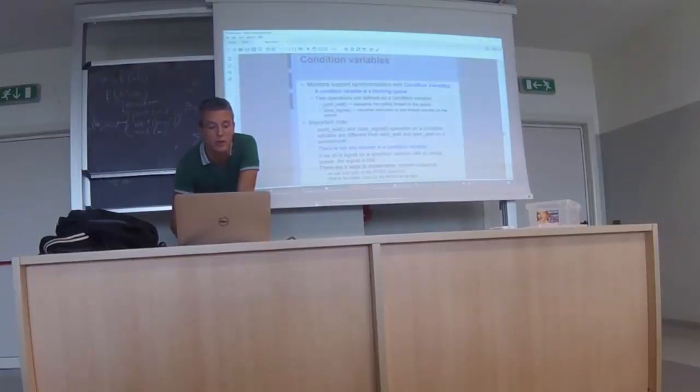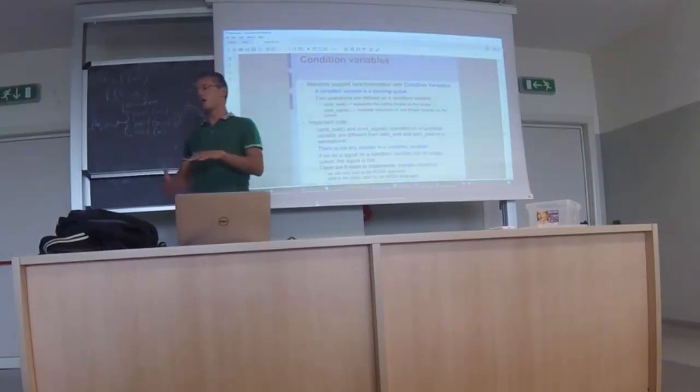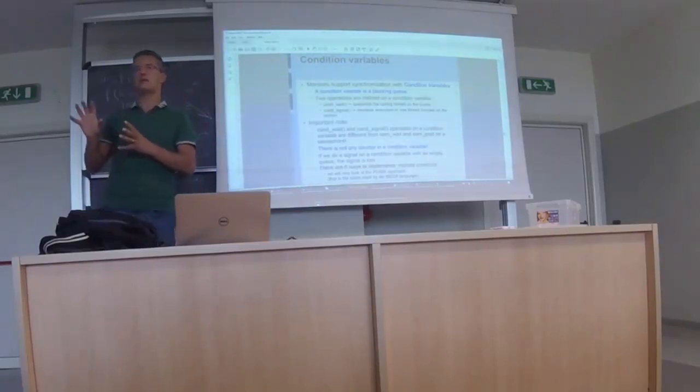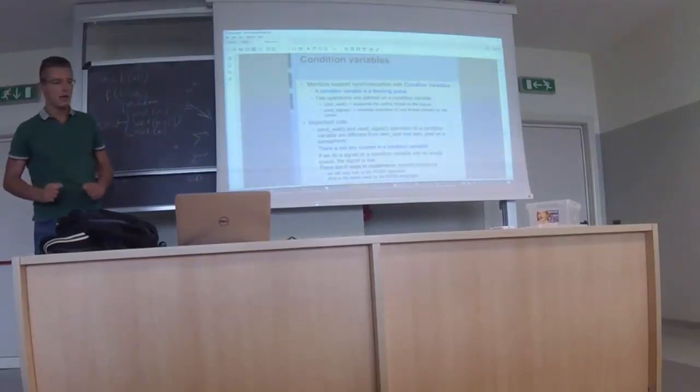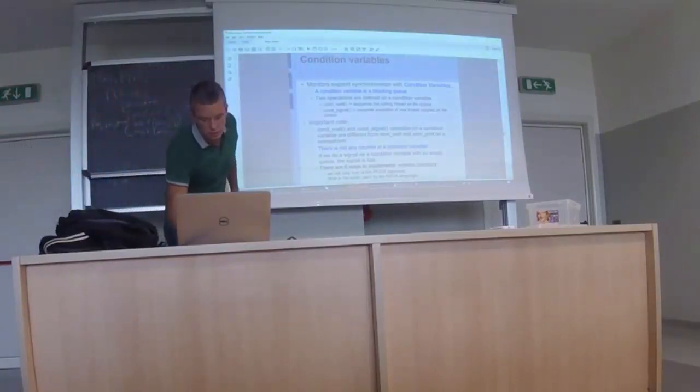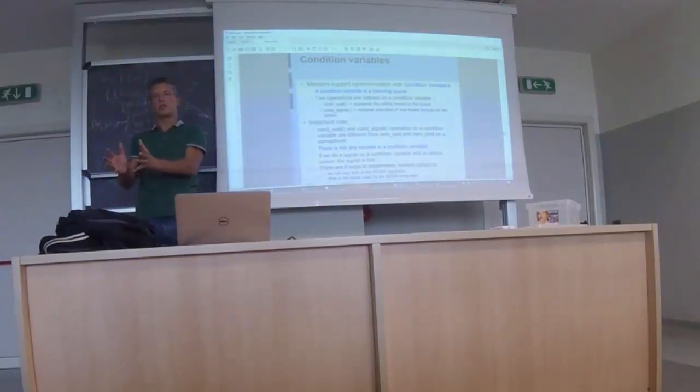For condition variables we have cond wait and cond signal, which are almost identical to the semaphore counterparts. Cond wait suspends the calling thread on the queue. So if I'm not allowed to access that procedure, I will suspend on the queue related to that monitor, to that condition variable. Signal resumes the execution of one of the blocked threads on that condition variable.